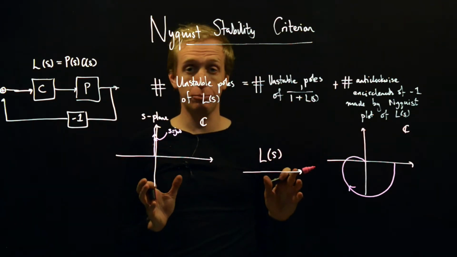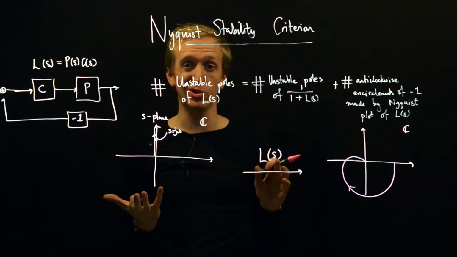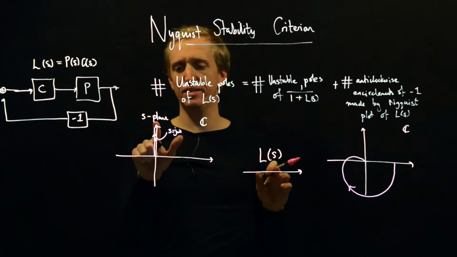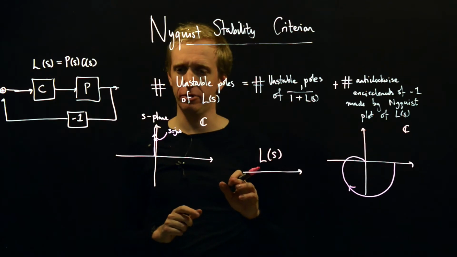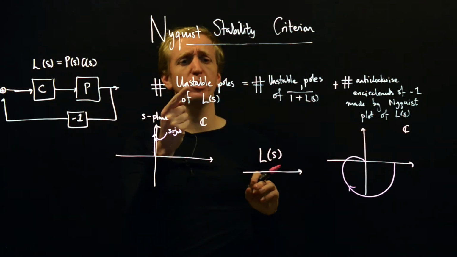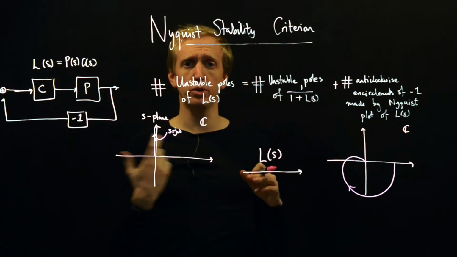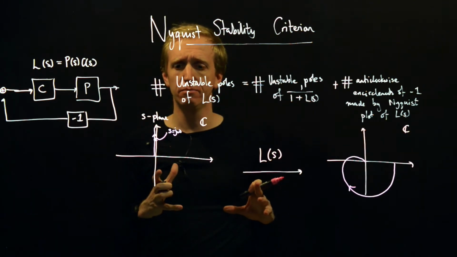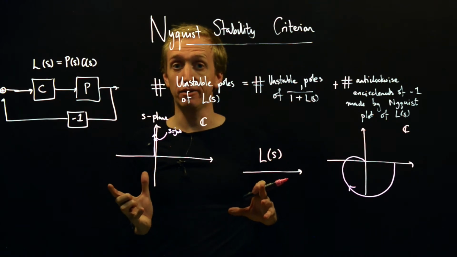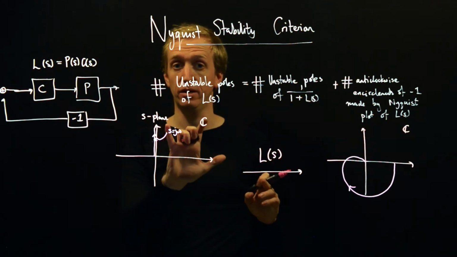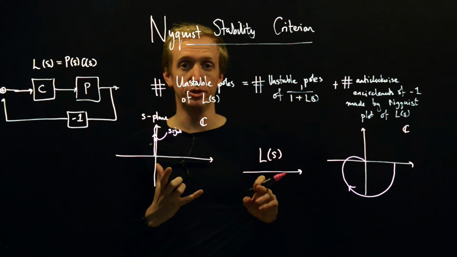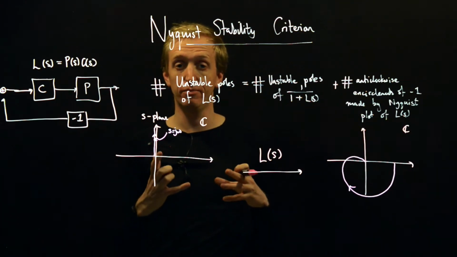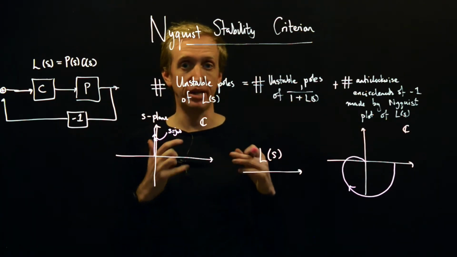So the argument principle needed closed contours. So having this curve here, this isn't really getting us very far. And also when we talk about unstable things, we're talking about poles in the right half plane. So we have a natural region in mind, but now we hit our first problem. We would love to pick the right half plane to be the region on which we apply the argument principle, but that's not allowed.